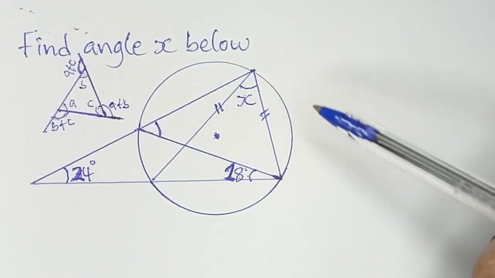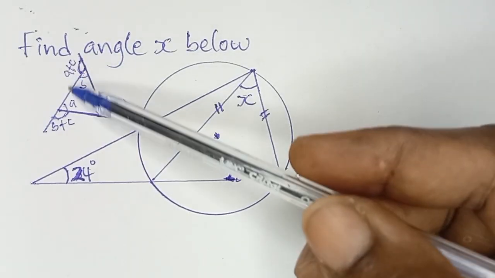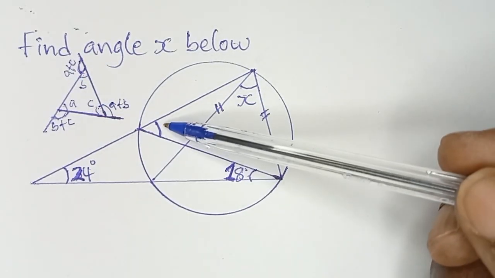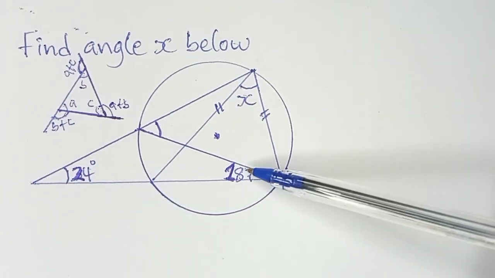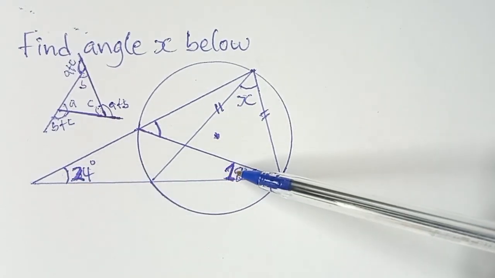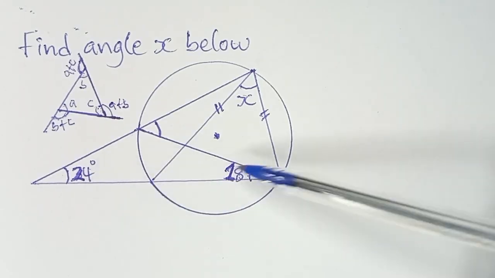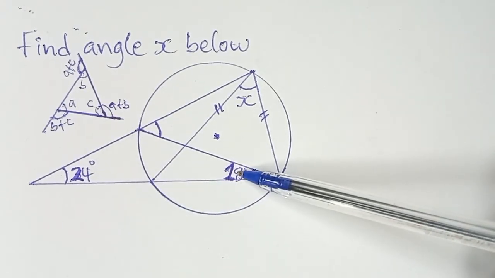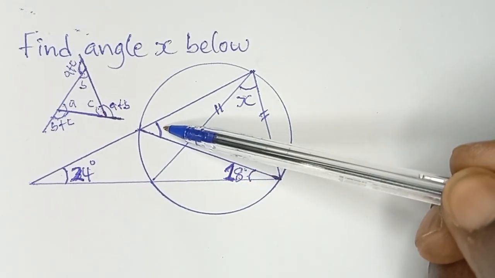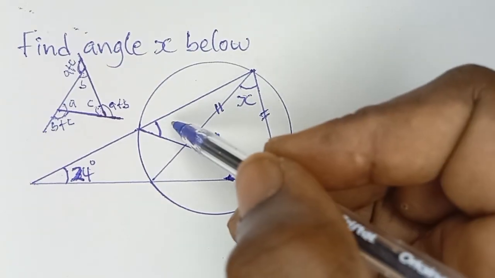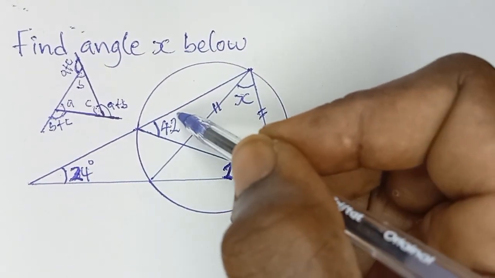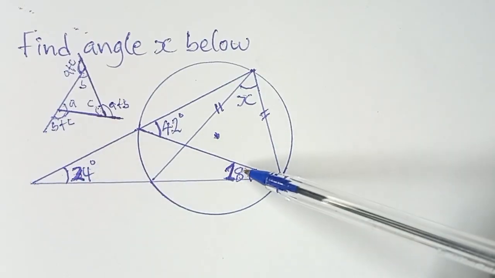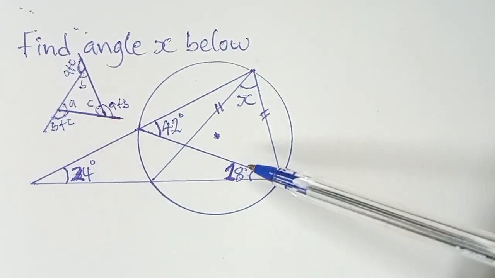Based on what I explained, you agree with me that this exterior angle will be the sum of the two opposite interior angles of the triangle. So 24 plus 18 will give us this angle, and that will be 42 degrees. That is the sum of these two opposite interior angles.